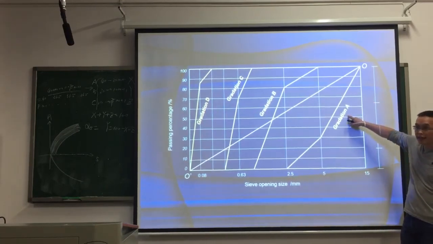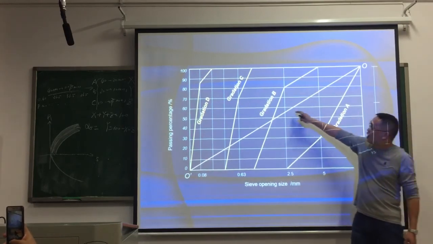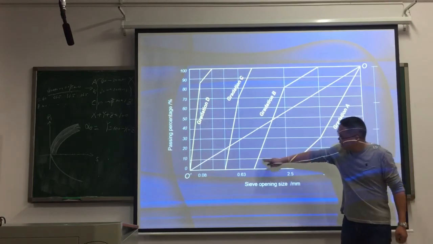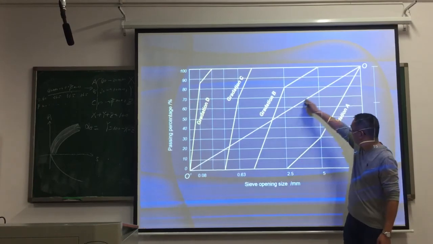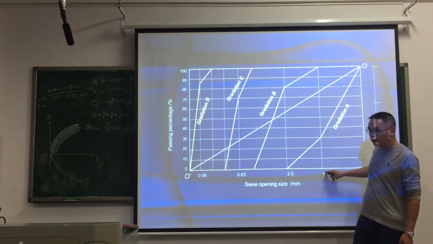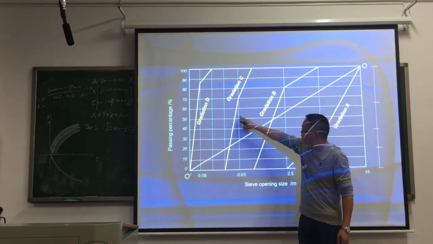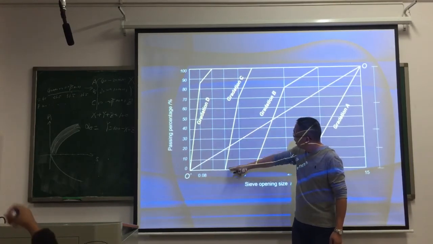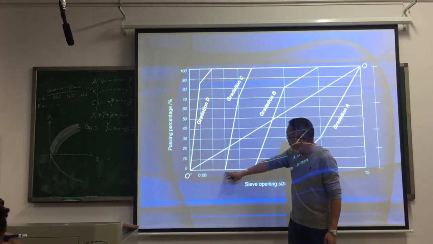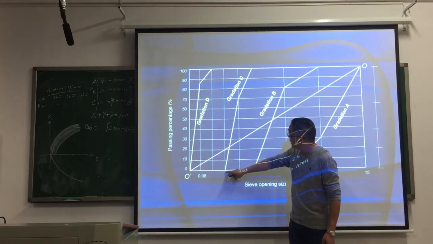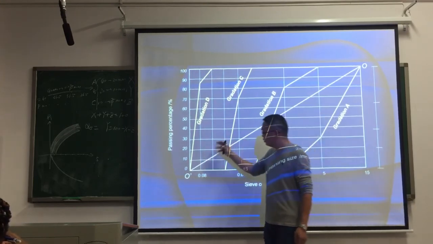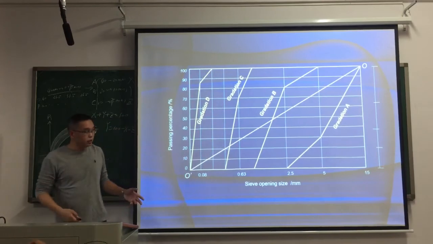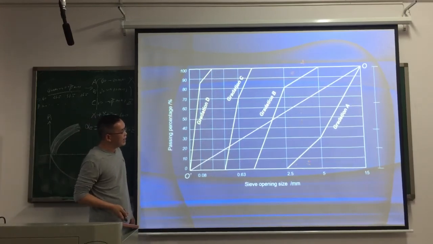And for aggregate B, the size is maybe 1.2 to 5 millimeter. And for aggregate C, it is maybe 0.3 to 1.2.